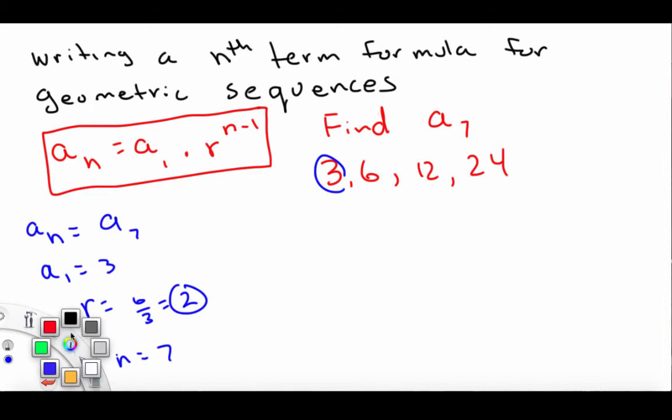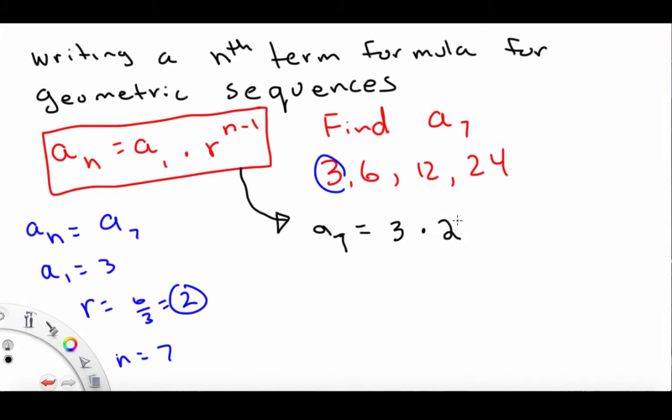Now let's start plugging into our formula. A sub 7 equals a sub 1, which is 3, times our common ratio 2, to the n minus 1, which is 7 take away 1, or 6. So 3 times 2 to the 6th power. 2 to the 6th power simplifies to 64, so we get 3 times 64.